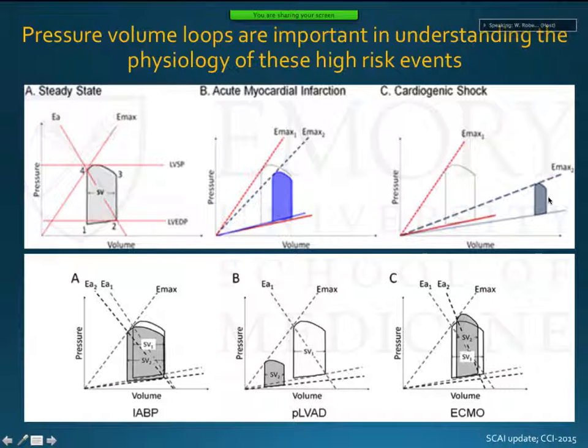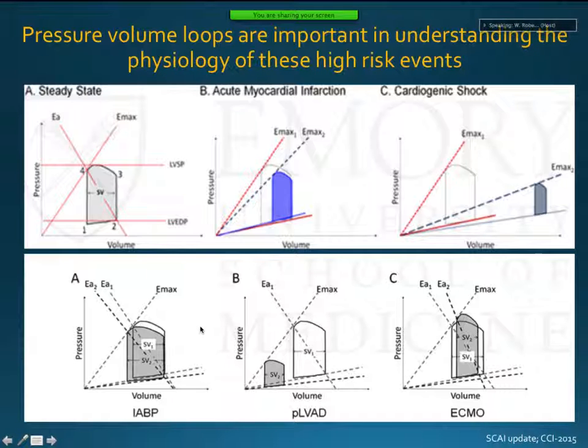When you use a balloon pump, for example, if this is the resting stroke volume, what the balloon pump does is reduce systolic pressure, reduce diastolic pressure, but the stroke work actually increases with the balloon pump. Contradictory to what we've been taught, the balloon pump actually does not rest the heart.